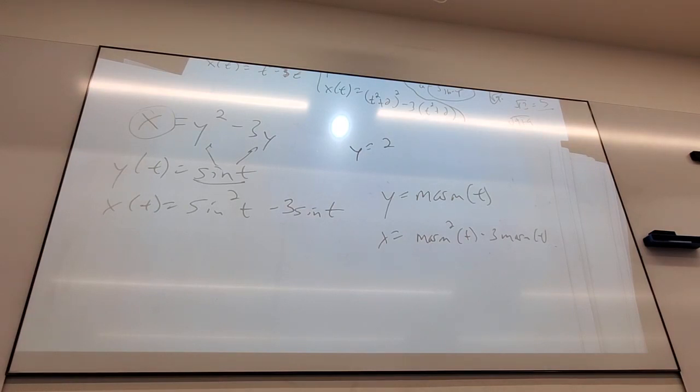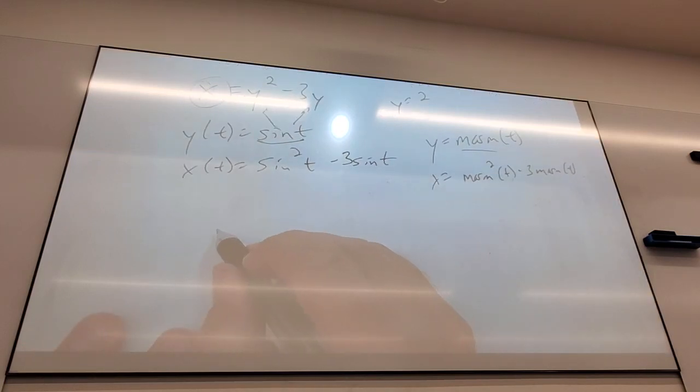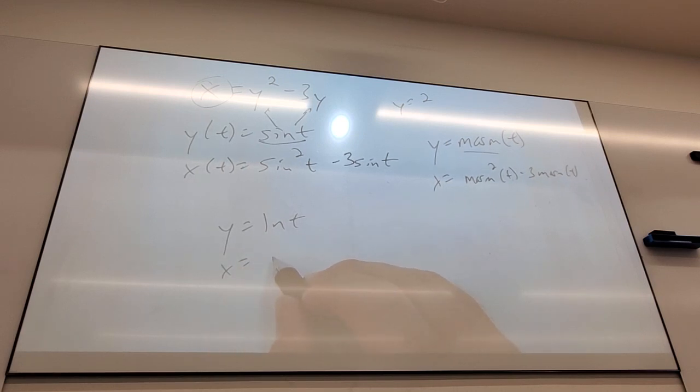Well, there's a function called sin, so why can't there be a function called marmalade? So could I call it natural log of t? Yeah! And then x would be natural log of t squared minus 3 times natural log of t. Okay, now maybe we're getting it.